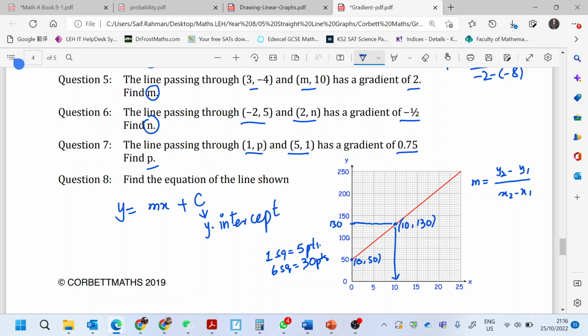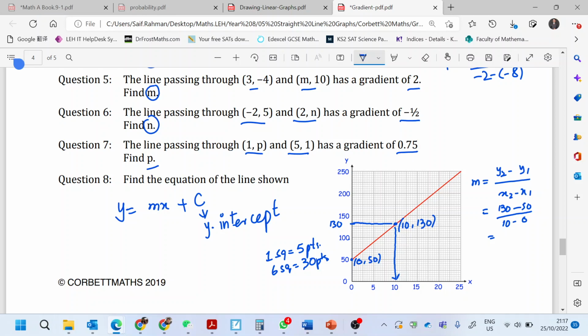So it took us a little more time because this line is not very clearly cutting these points, and we need these points. So y2 is 130 minus y1 is 50, divided by x2 is 10 minus 0.